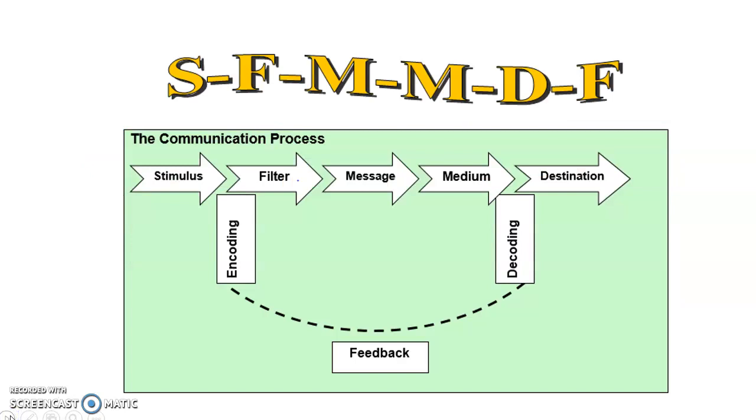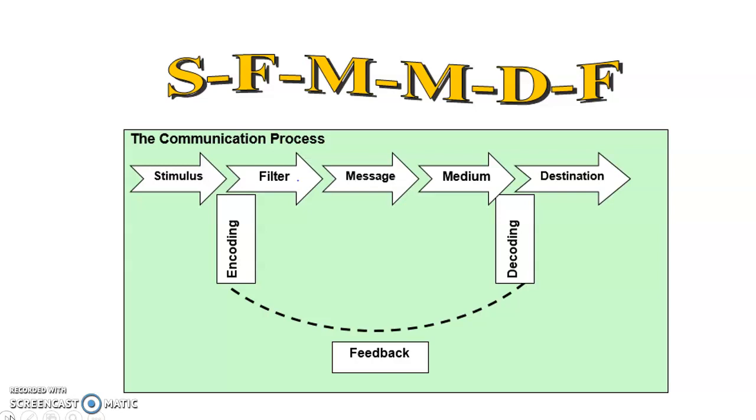Okay, what it's leaving out, as I've said, the criticism of that is it's leaving out the feedback. This slide is a slightly more advanced build on that SCMR model. So here, and you'll find it in your textbook, you get a stimulus. The stimulus is really your idea of what you're wanting to communicate.